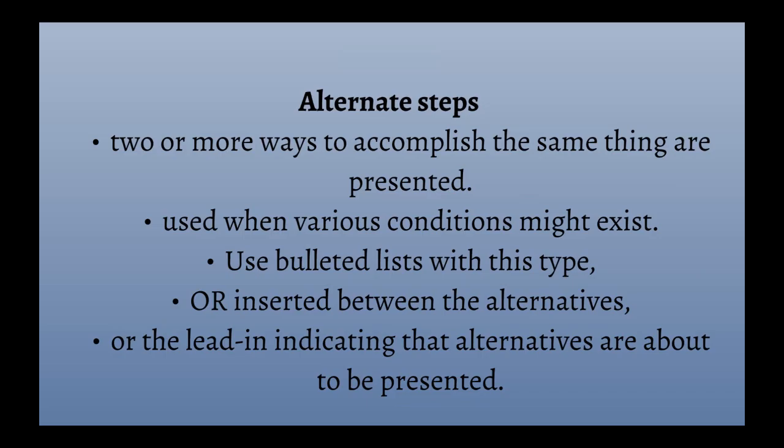Maybe if you're working in cold weather, the steps that you need to take might be different than if you're working in hot weather, but you're accomplishing the same task. If you're working underwater, for example, laying electrical wires underwater versus laying electrical wires on dry land, the steps would be different, but you want to accomplish the same thing. These are alternate order steps.